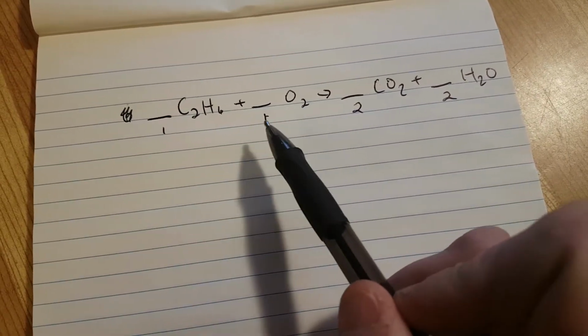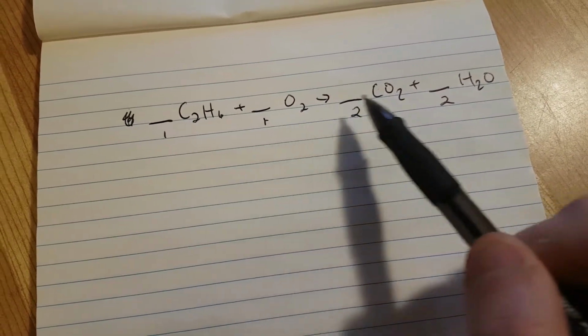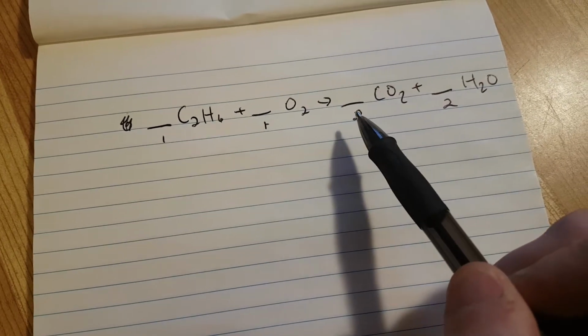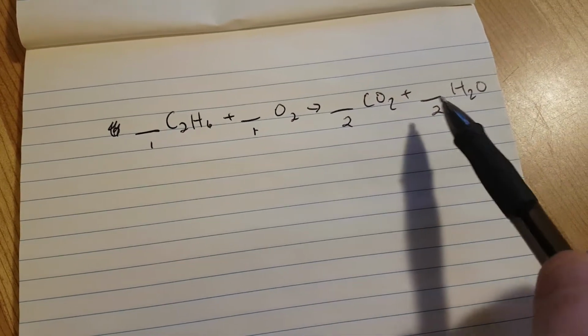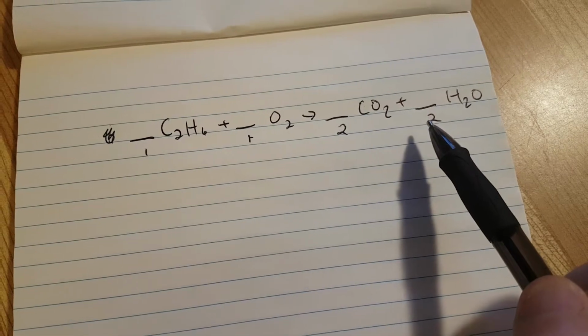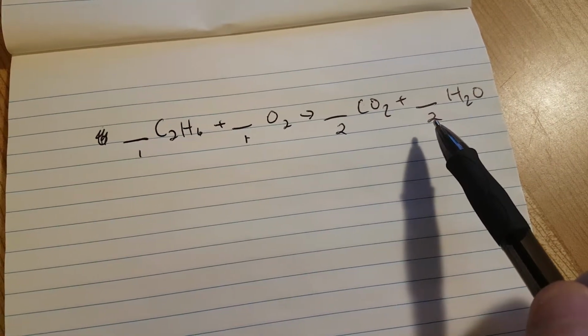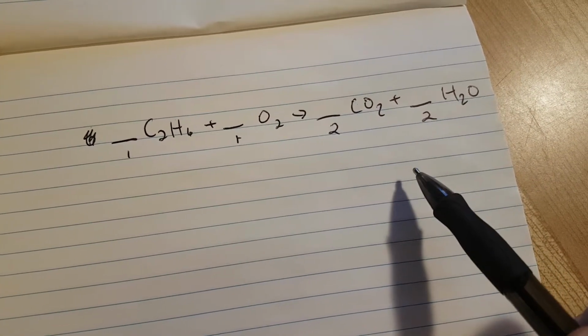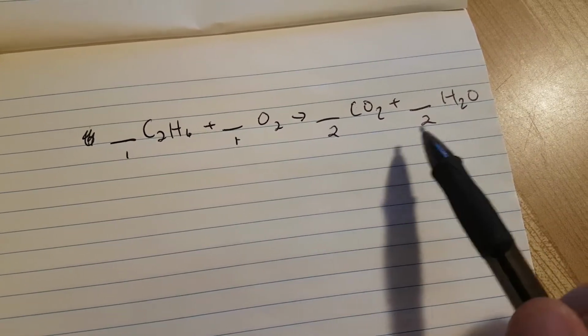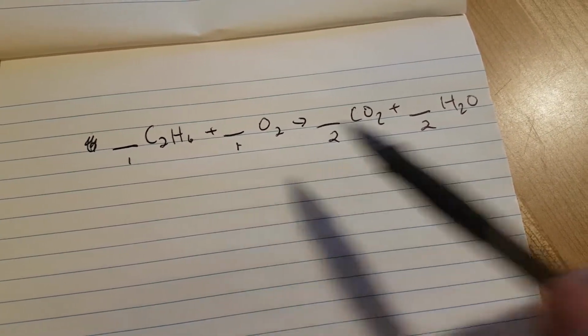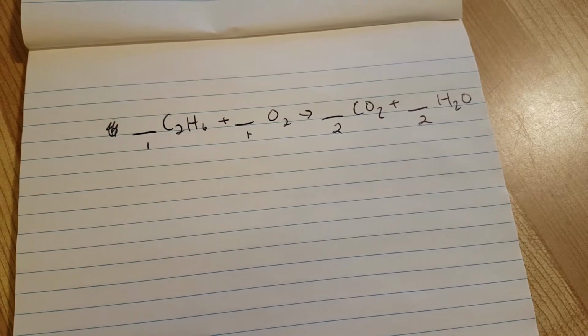And then I have 2 times 1 O's, which is 2. And then I have 2 times 2, which is 4, plus an additional 1 times 2, which gives me 6. So I have 6 O's in total on the right hand side and only 2 on the left. So that doesn't line up either.